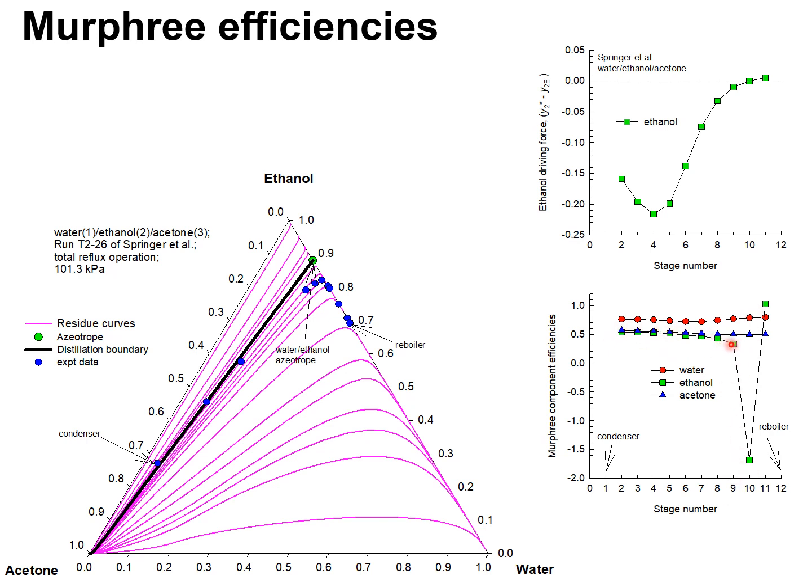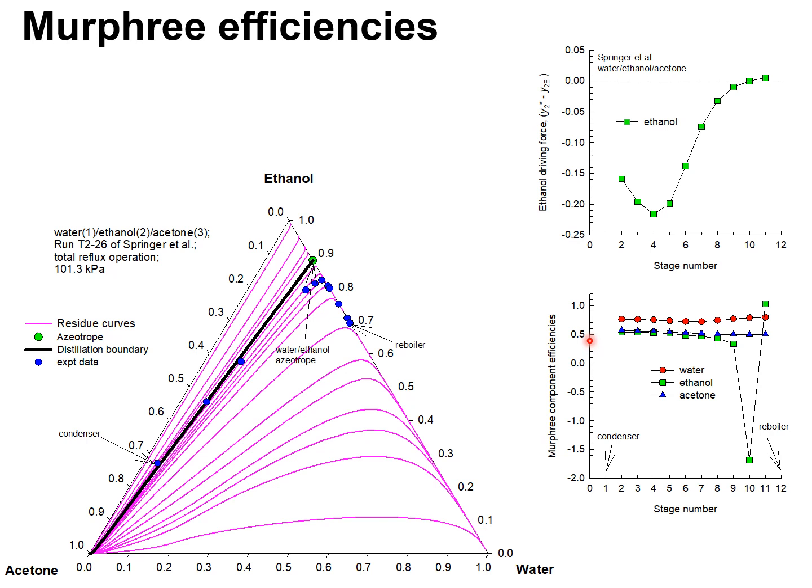Ethanol is the component with the intermediate volatility, and since it's the component with the intermediate volatility, its driving force changes in sign from negative to positive depending on the location in the column. And the Murphree efficiency for ethanol assumes negative values between stages 9 and 11, on stage 10.